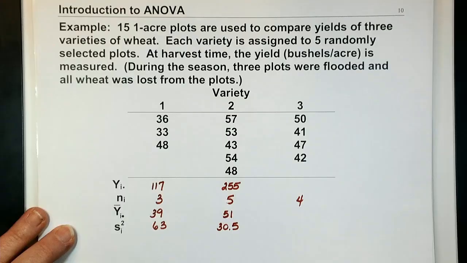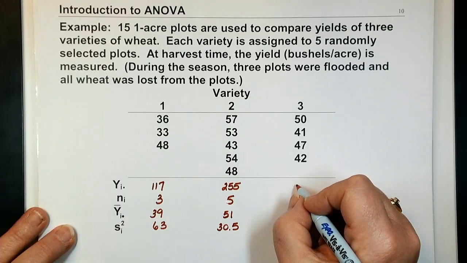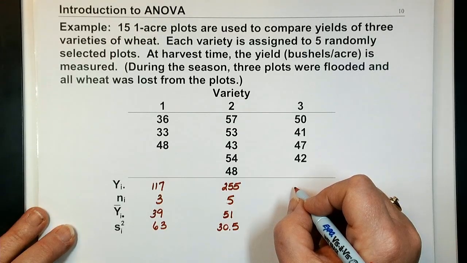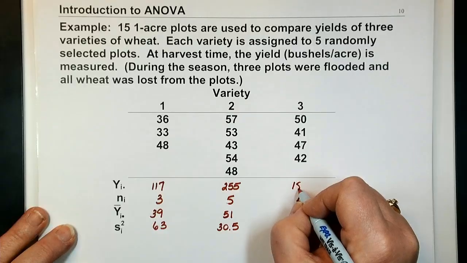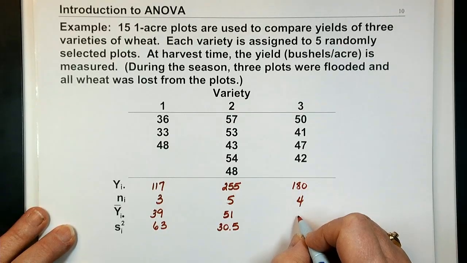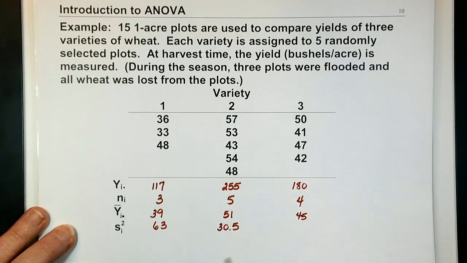And finally, variety 3. 180 for 4 observations. Y3 dot bar is 45, and S3 squared is 18.